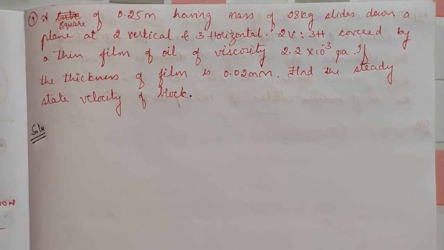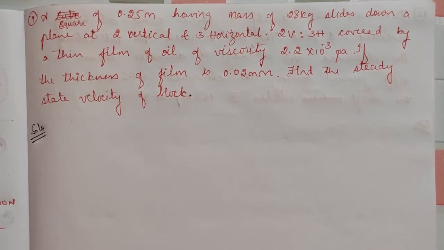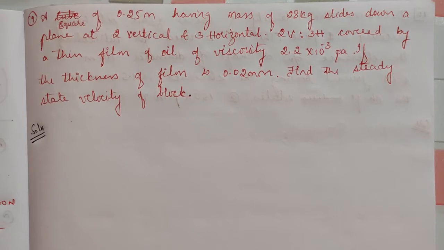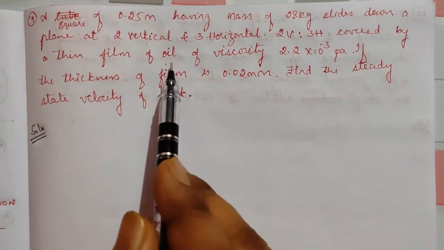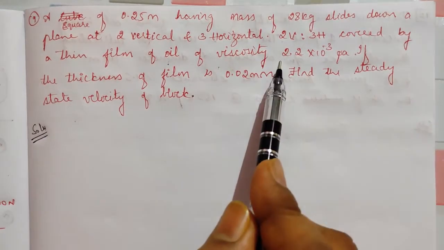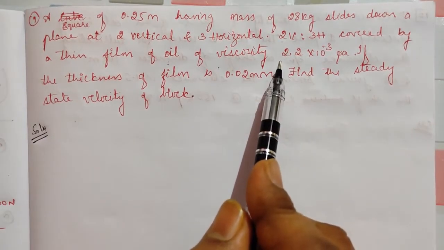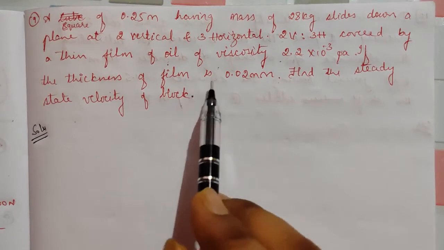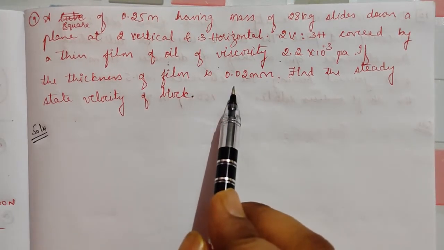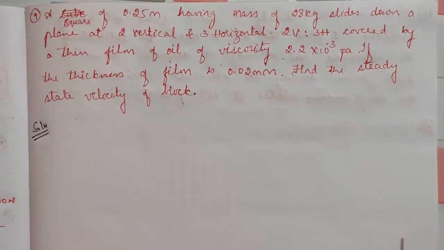So here the inclination theta in degrees has not been given, they have given it in ratio form, that is 2 vertical and 3 horizontal, covered by a thin film of oil of viscosity 2.2 into 10 power minus 3. If the thickness of the film is 0.02 mm, find the steady state velocity of the block.